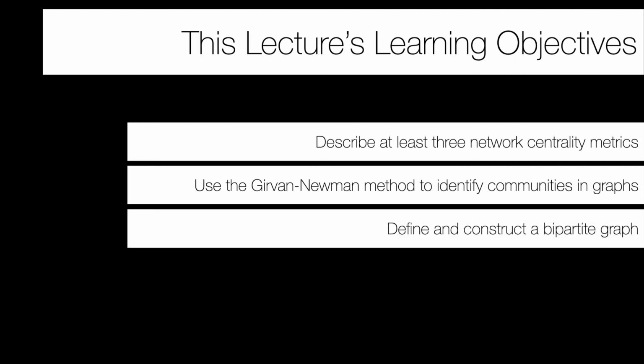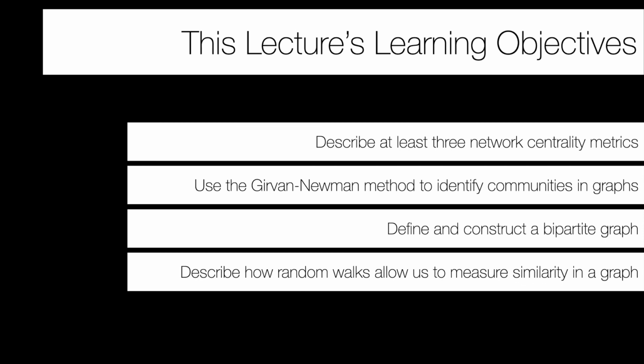You should be able to construct bipartite graphs and identify the constraints on bipartite graphs. And then you should be able to explain how we use random walks, which we used for PageRank, applied to these, especially bipartite graphs, to generate some measure of similarity in a particular graph.